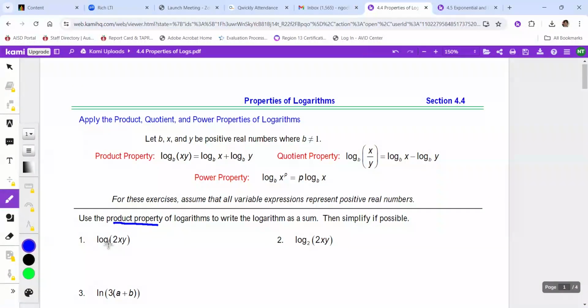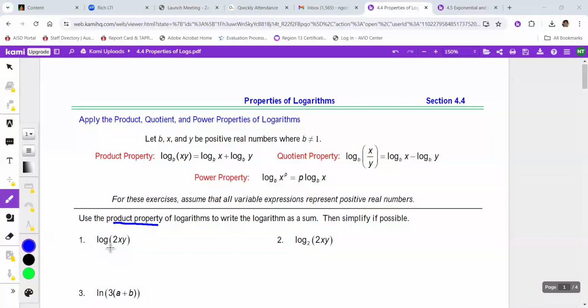Now, if we don't see the base, can you tell us what the base could be? On your calculator, most calculators will give you only two basic bases, base 10 and base e. So right here, what do you think the base will be? We don't see the base, but by default we must know what it is.